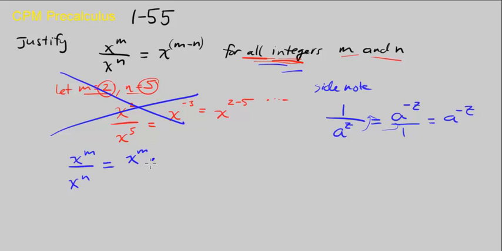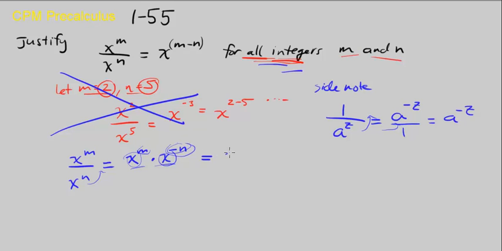we can say this is equal to x to the m times, and we could bring this up by making it x to the negative n. We're basically using properties of exponents to show that we can bring up x to the n by making the exponent negative. Then if we're multiplying two numbers with exponents that have the same base, because x is here and x is here, we can add the exponents.